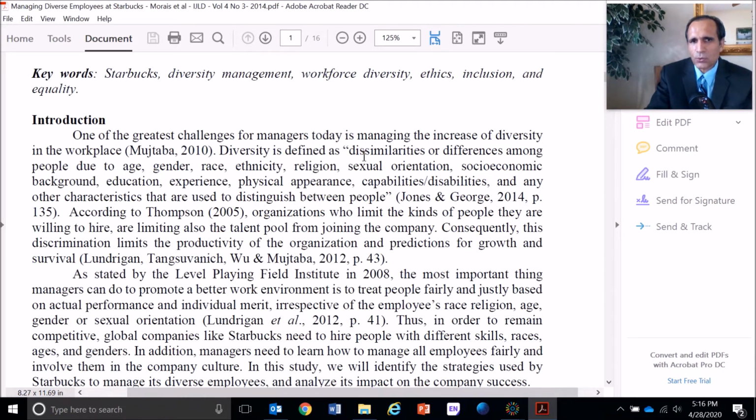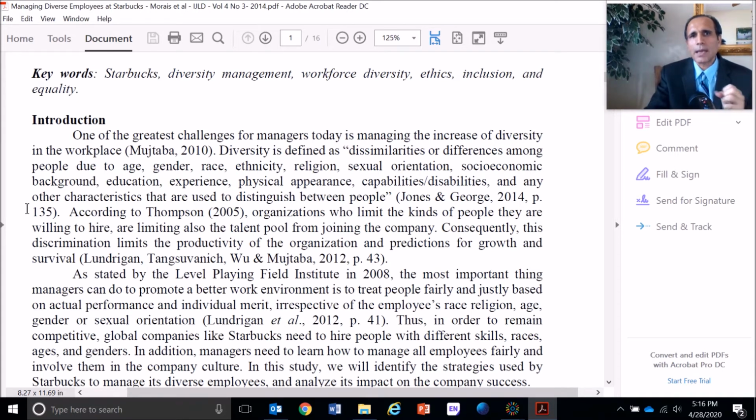Now, this definition, or this statement here, is a direct quotation, which means it comes from this author or these authors named Jones and George in 2014, page 135. The reason that the page number is in this citation is because it is a direct quotation.